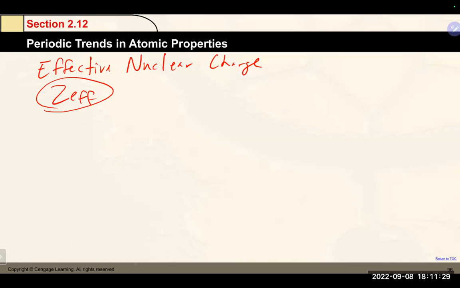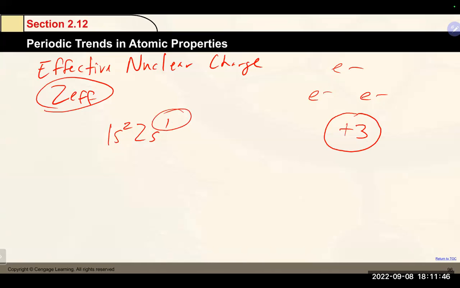So if we look at a nucleus that has 3 protons, which would be our friend lithium, and it's got 3 electrons, it's got a 1s2, 2s1 situation happening there, with the 1 electron at the end being its valence electron.